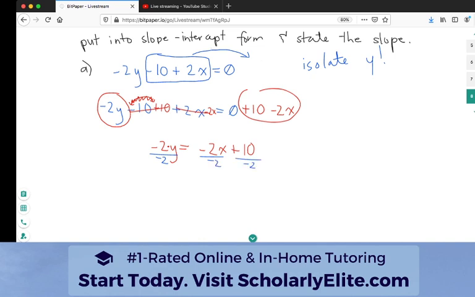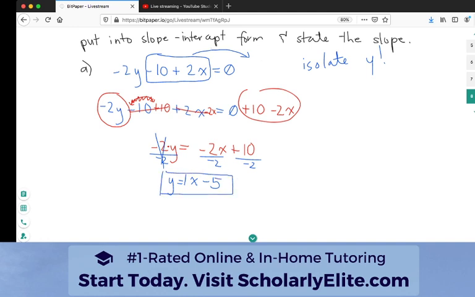Make sure that you divide off of every single term. So this cancels here, we're left with y. Here we've got negative 2 divided by negative 2. Well, any number divided by itself is 1, so all I'm left with is 1x. And here, positive 10 divided by negative 2 is negative 5.